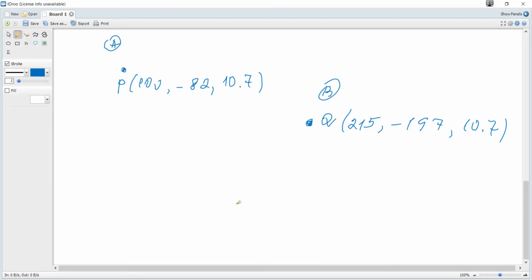So we need to just find the distance between the 2 points P and Q. And how to find the distance between 2 points? Just apply the formula.